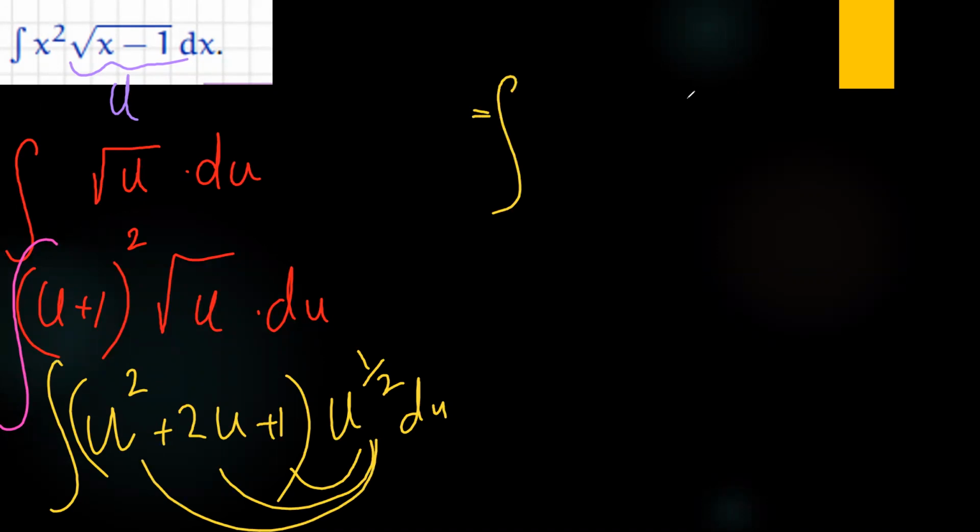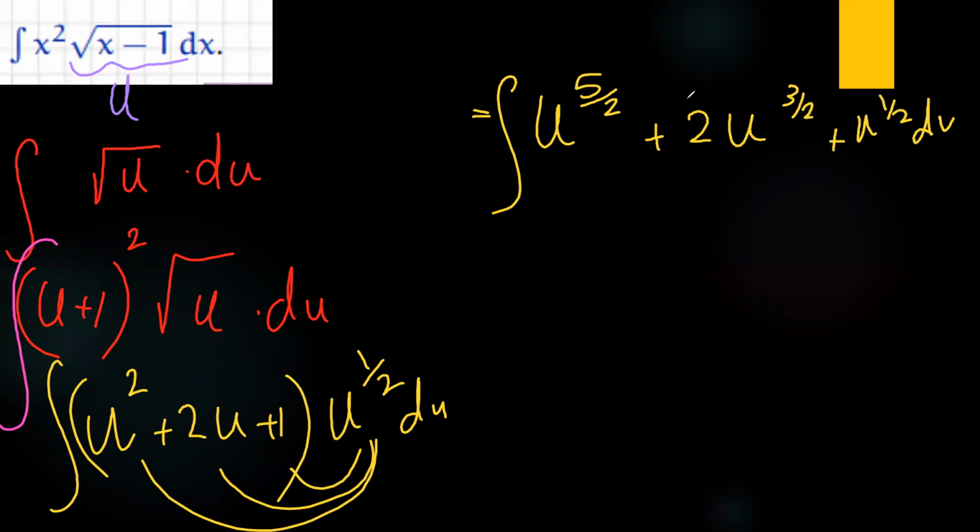So I have u to the power half times u squared. I need to add the powers. They will be u to the power 2.5, which is 5/2, plus 2u to the power 3/2, plus u to the power half du.